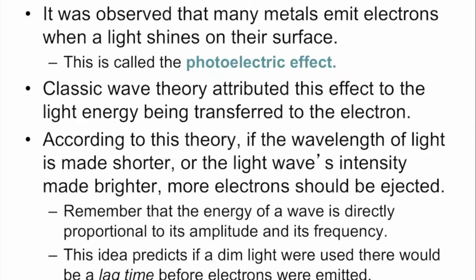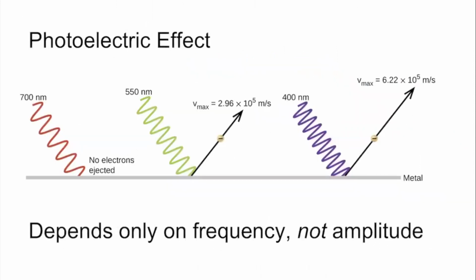Now, there was a problem with this theory, because what we're realizing is that light was being shined at different wavelengths, and some of them were ejecting electrons, some of them were not. So there was something that wasn't right.